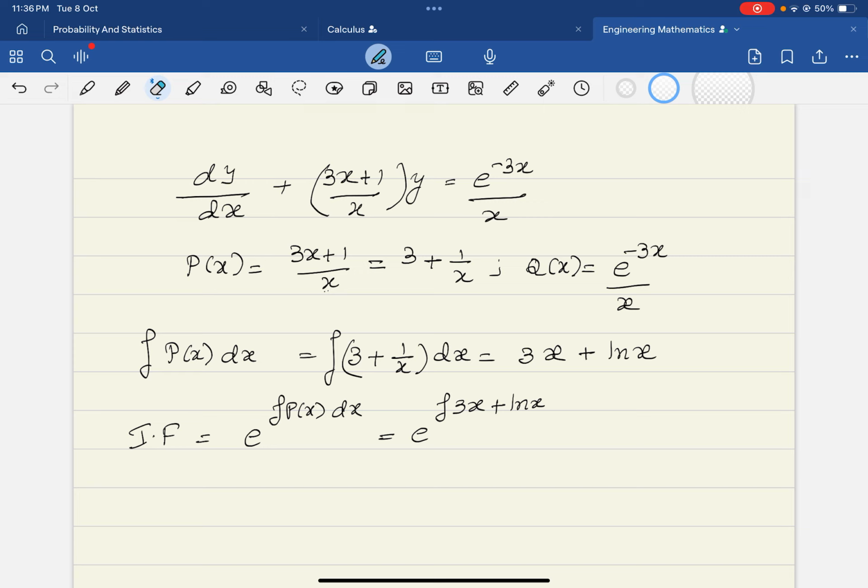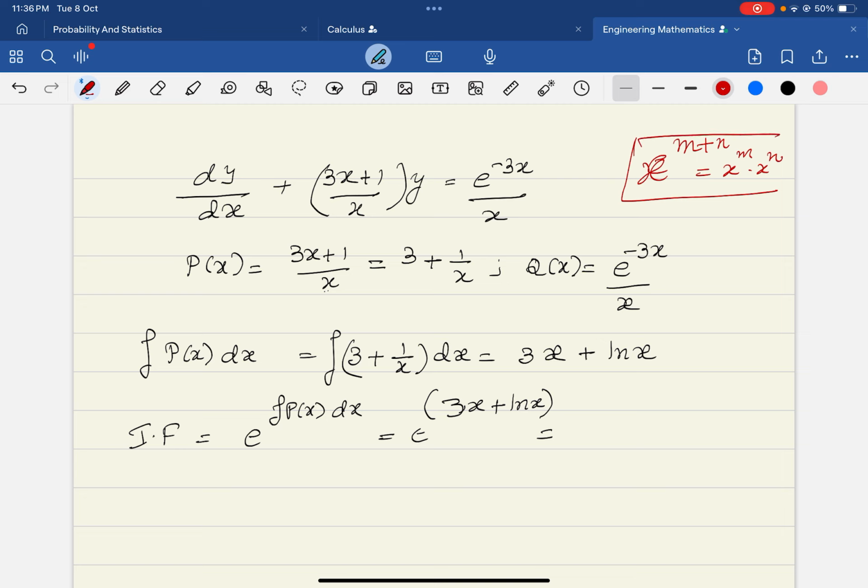We write this as e power 3x plus ln of x. So how will you rewrite this? Do you know the formula that x power m plus n can be written as x power m multiplied by x power n? We know this by using the laws of exponents. So we can write this as e raised to 3x times e raised to ln x. E raised to 3x stays, and e raised to ln x is x. So this is the integrating factor.